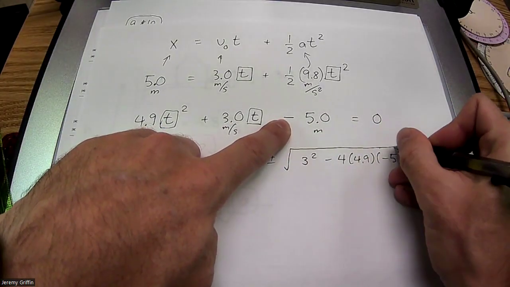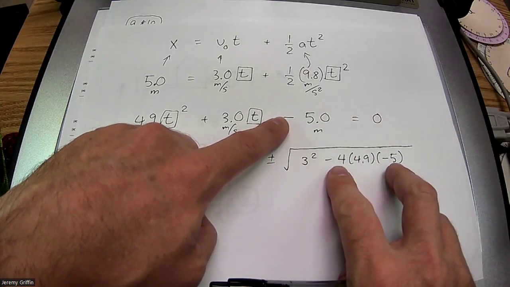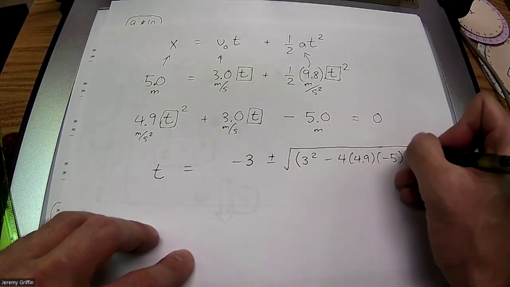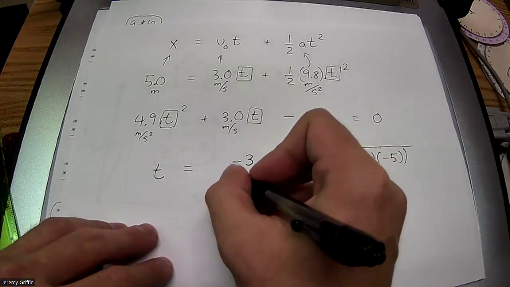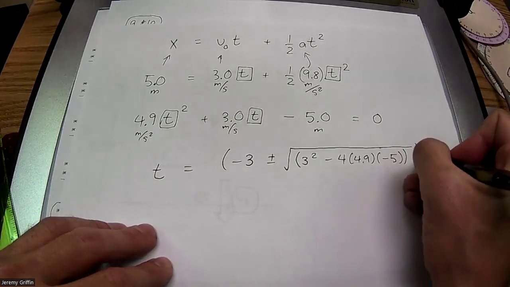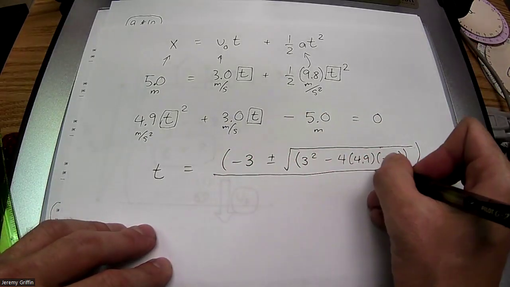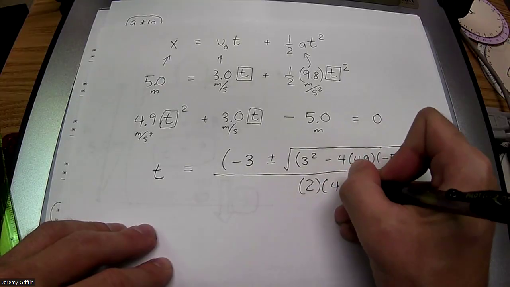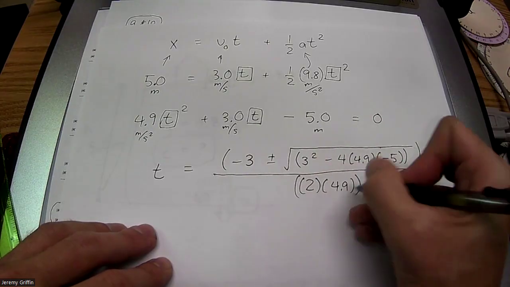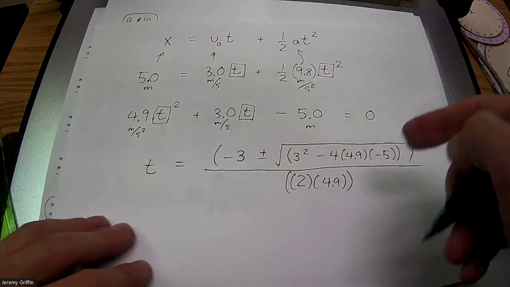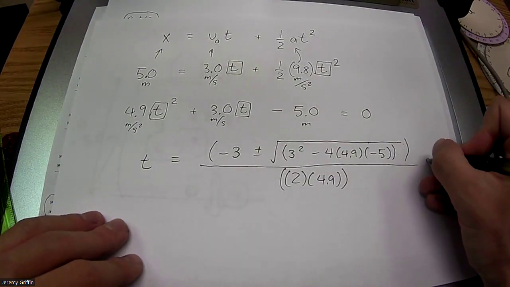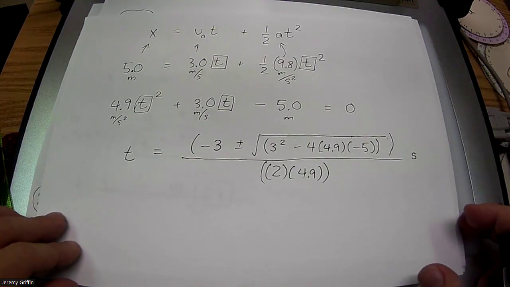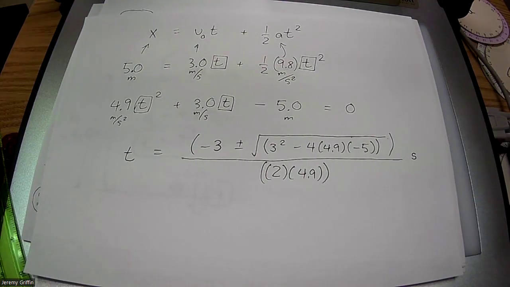So guys, don't miss that there's a bunch of negatives flying all over the place now. Gotta watch your negative footwork. And then this whole thing is divided by 2a, which is like 2 times 4.9. I could just tag the unit on the end. Some number of seconds. That's what it's going to come out to here. Okay, guys good?